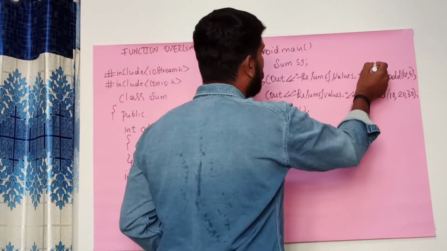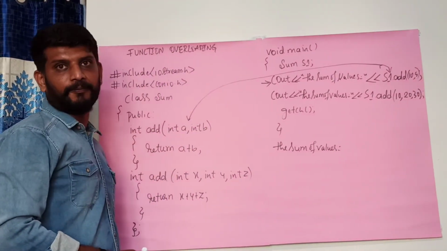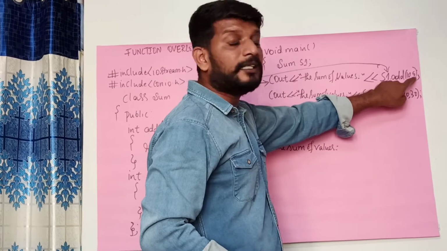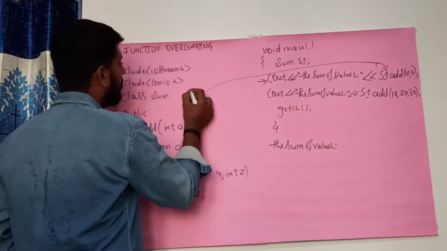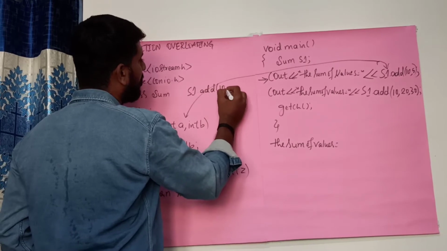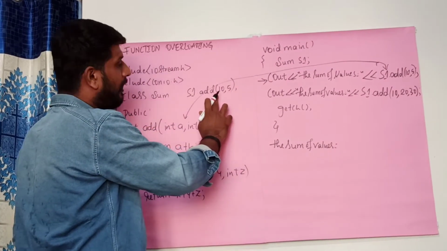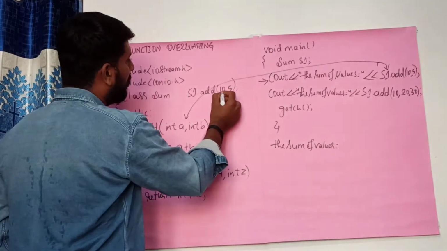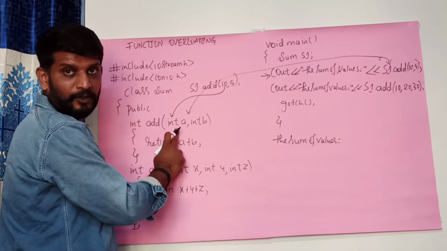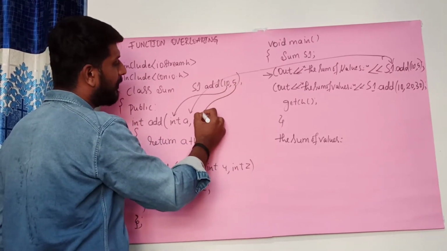So the control gets transferred to this particular function. So s1 dot add of 10, 5. I am calling the function with the two arguments, 10 and then 5. So the first argument will be replaced with 10 and the second argument will be replaced with 5.